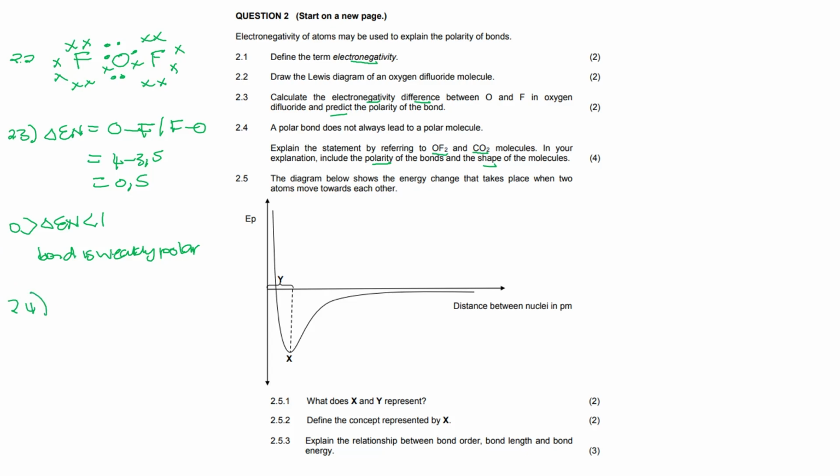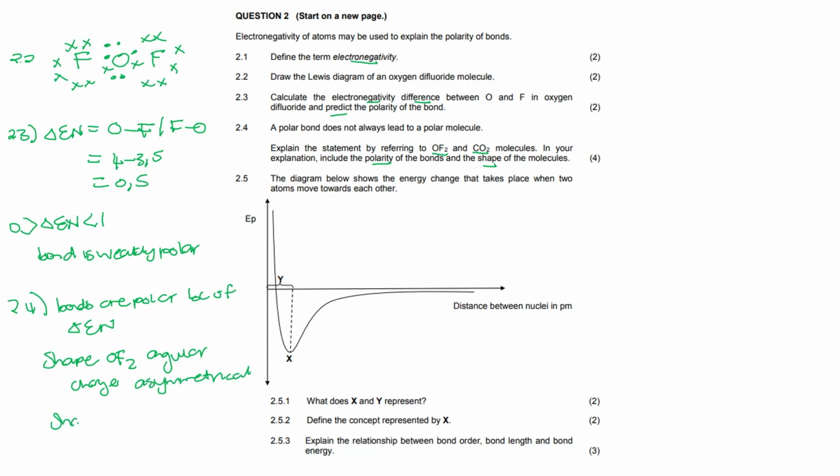Okay, so between oxygen and fluorine and carbon and oxygen, the bonds in both molecules are polar, because of the difference in electronegativity. Then we're going to talk about the shape. The shape of the oxygen difluoride molecule is angular because the distribution of the charge is asymmetrical.